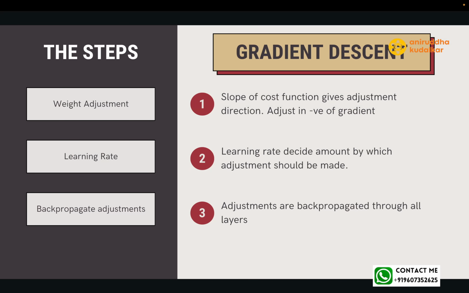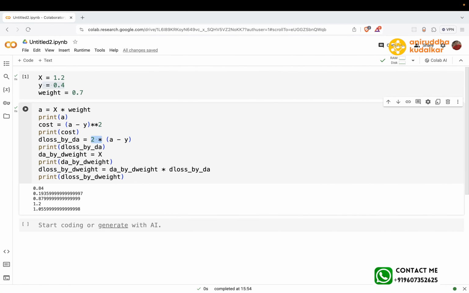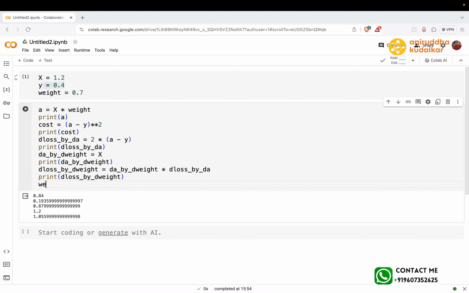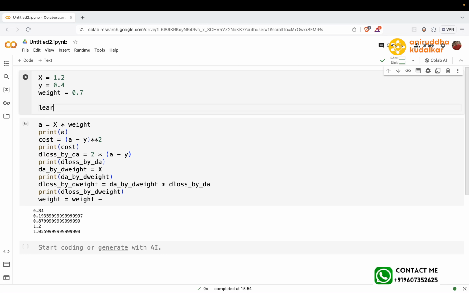Okay, now let's try to do this first. Weight update is important. So how do you update the weight? I need to update the weight: weight is equal to weight minus the learning rate. So we need to define the learning rate. learning_rate is equal to 0.1.